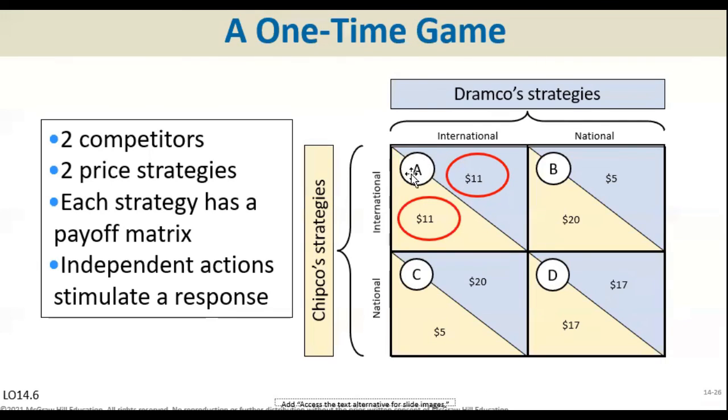So you see cell A here represents the Nash equilibrium because neither Dramco nor CHP14 will independently want to move away from this position, given the other firm's strategy.